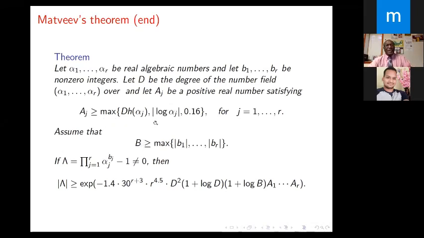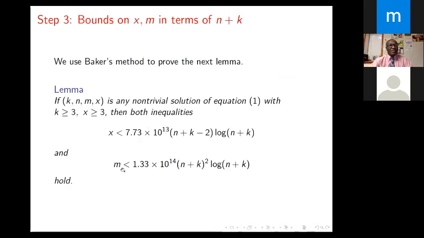What this theorem does, when you have a linear form in logarithms, is help you to determine a lower bound of the linear form in logarithms. And then you can use the definition of the linear form in logarithms to obtain an upper bound. And from there, you can combine and obtain a certain inequality. So that is what we have done here.